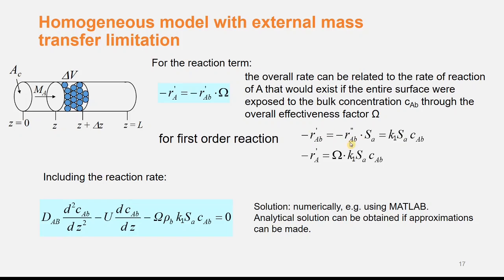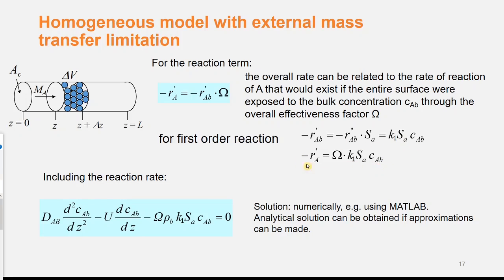We just need to multiply the negative RAB double prime with SA. Therefore, negative RAB prime is equal to SA times K1 times CAB. So negative RA prime is equal to omega times the rate at the bulk concentration, which is SA K1 times CAB.